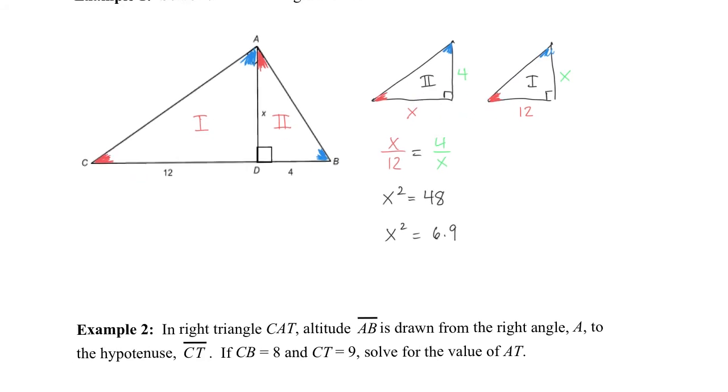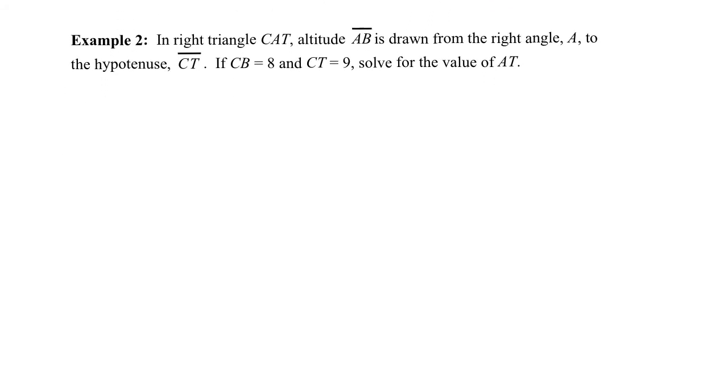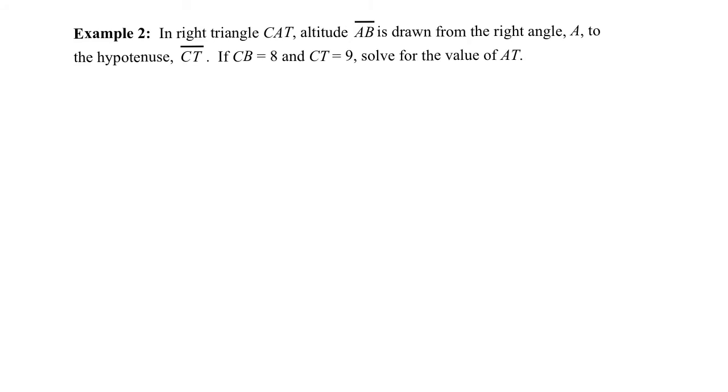Okay, let's look at another example. And in this case, we actually have to draw our own picture. So we've got right triangle CAT. And it looks like AB is drawn from right angle A. So this is going to be B, and so this is going to be C, and this is going to be T. It doesn't matter, you could switch those.